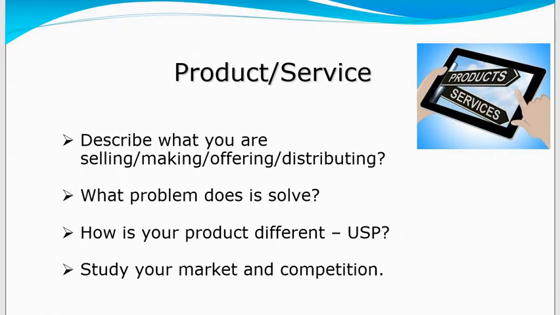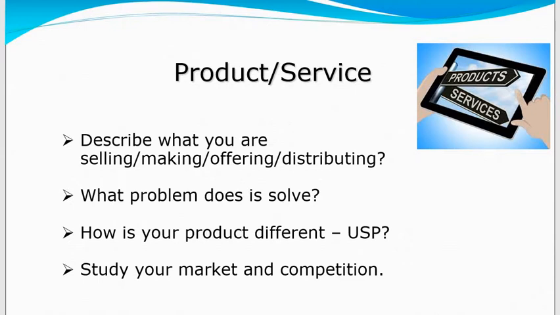So address your service or product to the certain customer and user, how it will solve its pain points or wants or needs or fears. How will your product solve some kind of problem of your potential customer?